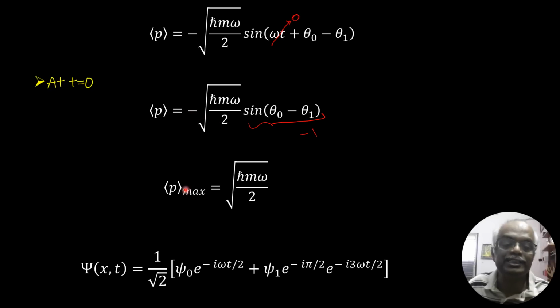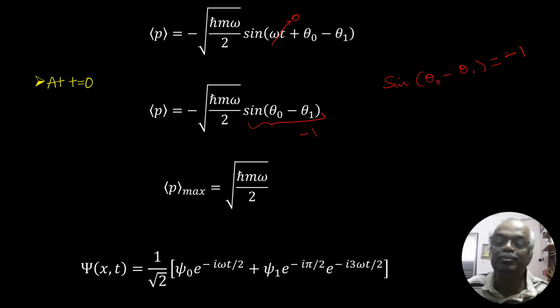So the maximum expectation value of momentum is obtained when sine of theta naught minus theta 1 is equal to minus 1. That is, sine of theta naught minus theta 1 must be minus 1.